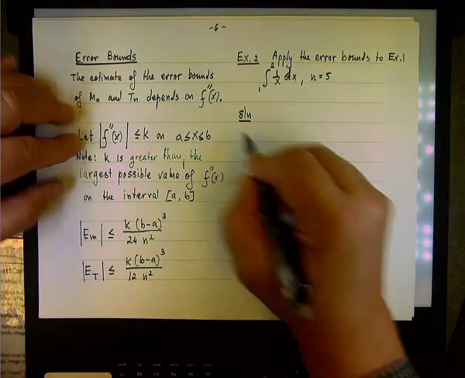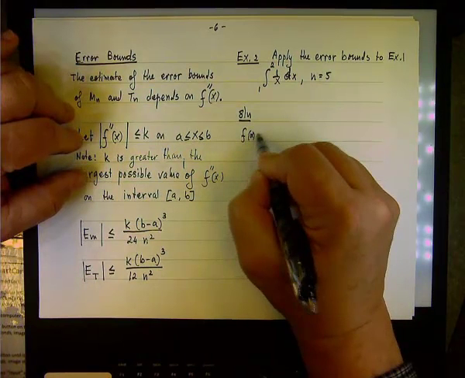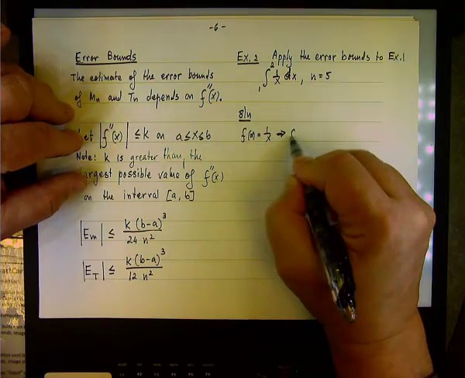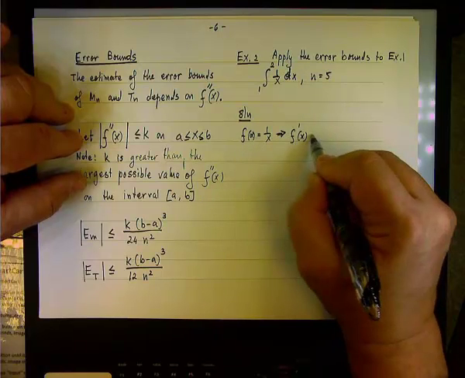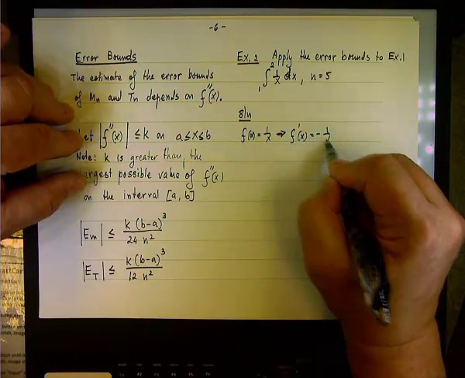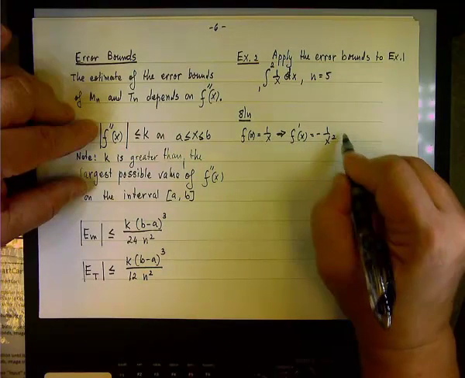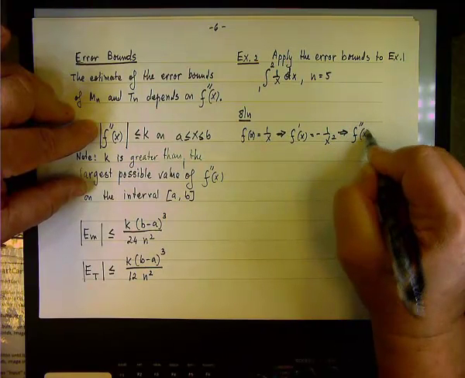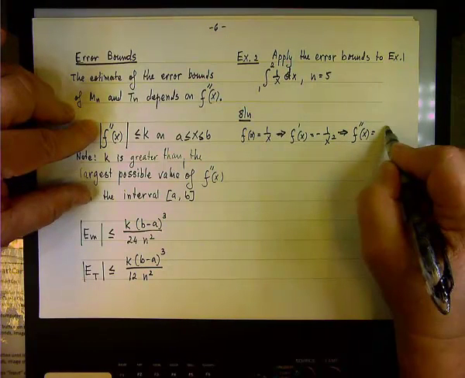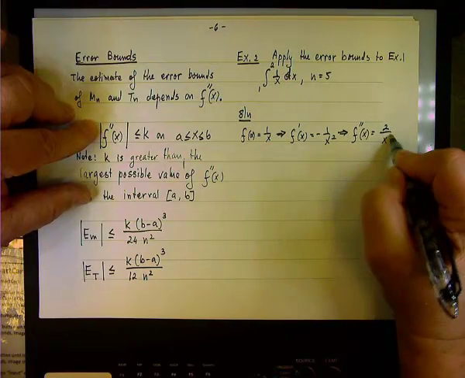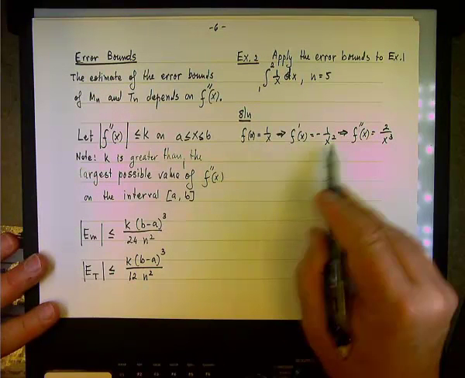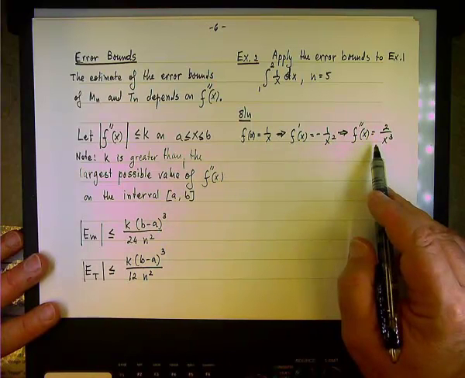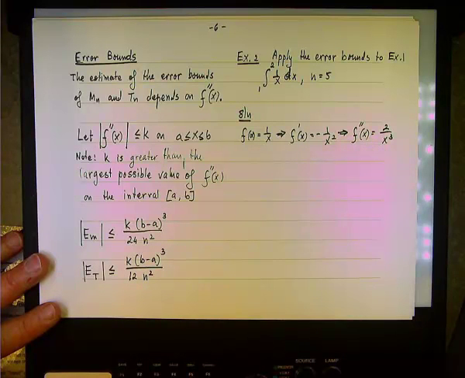Let's find the derivatives. f of x equals 1 over x, so f prime of x will be negative 1 over x squared. Remember your differentiation. And f double prime of x will be positive 2 over x cubed. Again, this is x to the negative 1, this will be negative x to the negative 2, and this will be positive 2x to the negative 3.